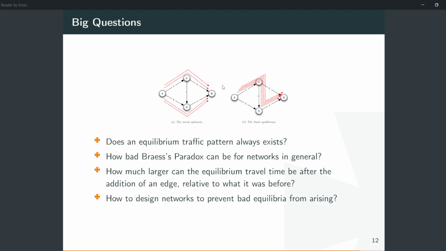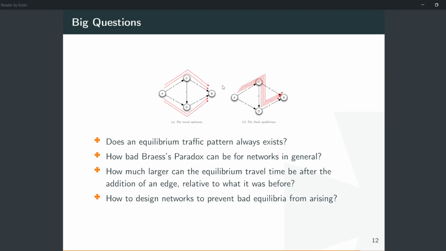And the answer is yes. And then, how bad can the Braess paradox be for networks in general? All these questions are very nice thinking exercises that you can do, and maybe look into more game theory to find out the answers.